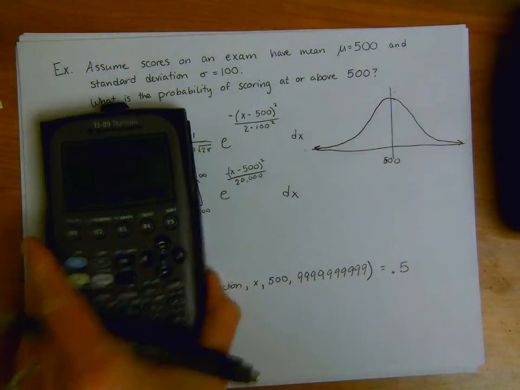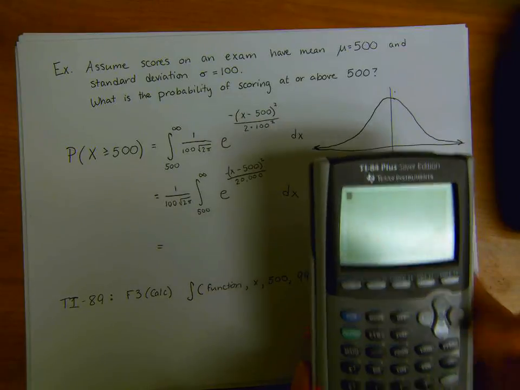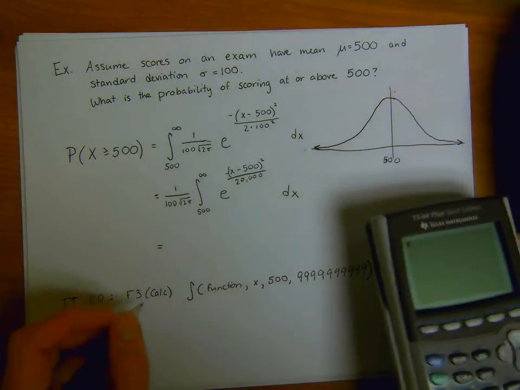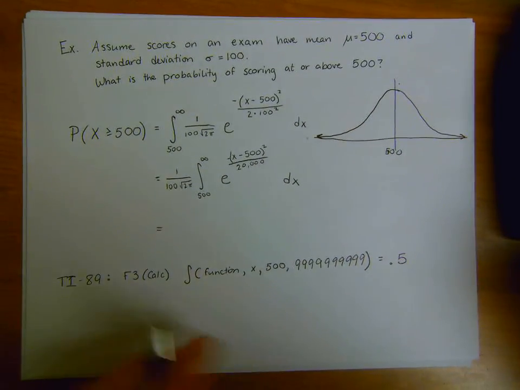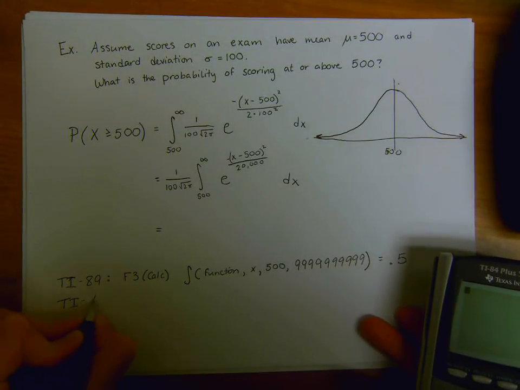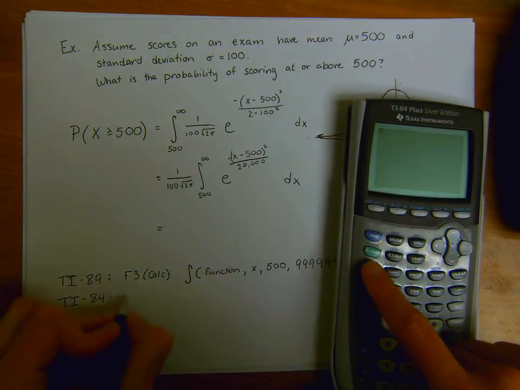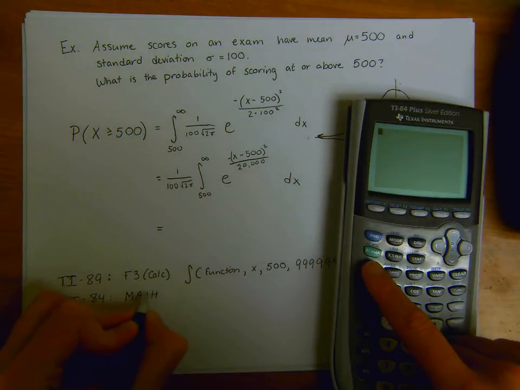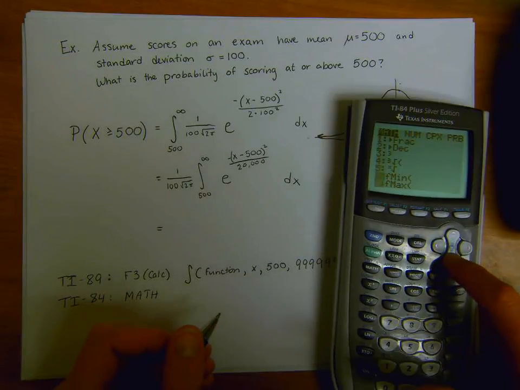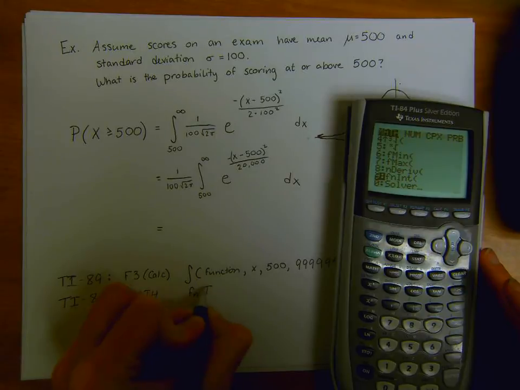I tried to do the exact same thing on my 84. Let's see if it's here. Oh, I guess I got rid of it, and it didn't work. It gave me an error; I think it just didn't have the computational power to be able to do it. But in general, if you're working on a TI-84, you can do a similar thing. You go into math, and then you can select fnInt.